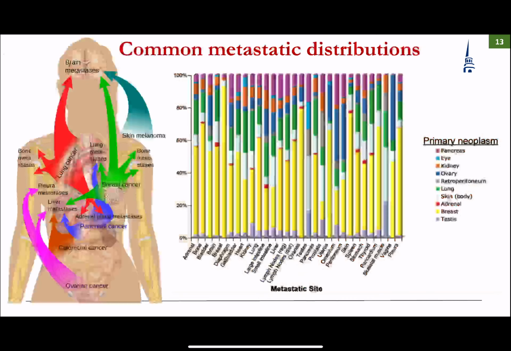Ovarian cancer metastasizes into pleura or liver. Colorectal cancer typically invades liver. What else do we have here? Lung cancer goes to bone or brain. Skin melanoma may invade brain as well. So there are some patterns there, but like I said, some primary tumors are more aggressive than others.